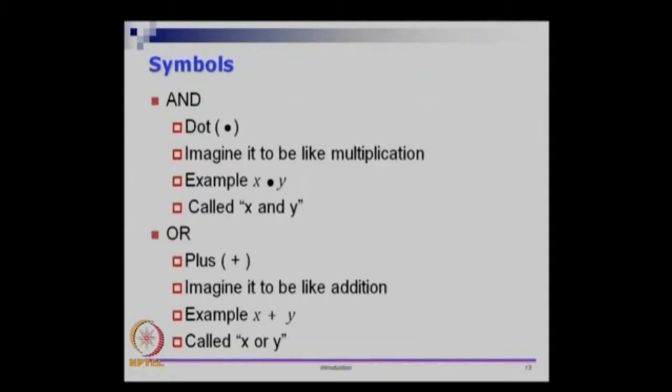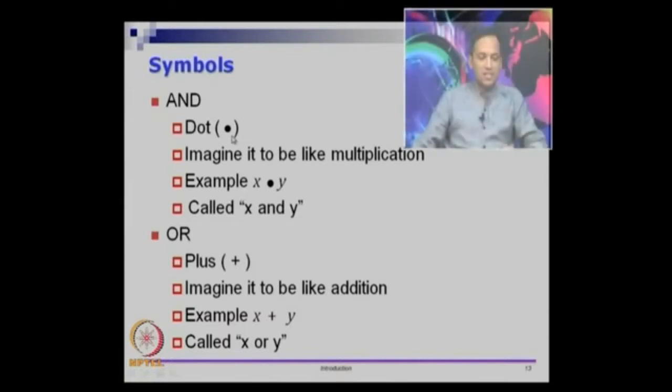So let us look at the symbols that we have used. For AND we use the symbol dot, and you can think of it like multiplication. If you take numbers, sometimes you put a dot to imply multiplication, right? So for example, x dot y should be read as x and y. And for OR we use the symbol plus. You can imagine this to be like addition, but it is not quite addition, because 1 plus 1 is actually 1 or 1.